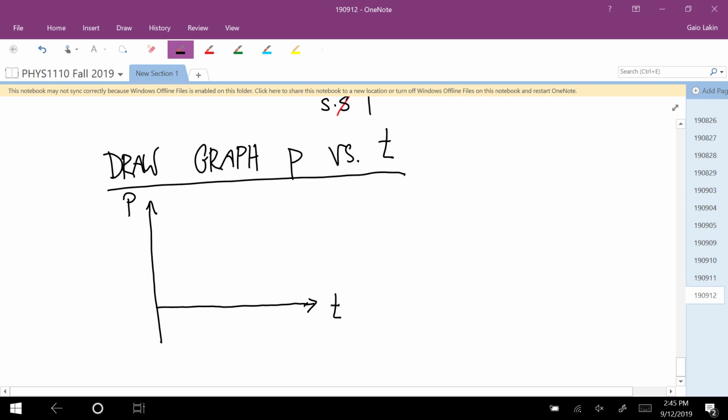The positions that are going to matter to us are, what are the positions? There's two positions that we know. 0 and 1, yep. And what are the times that matter to us? Yeah, 0 and 1 second. And we know that the graph is going to go between 0, 0, because at 0 seconds, it's at 0 position, and 1, 1.